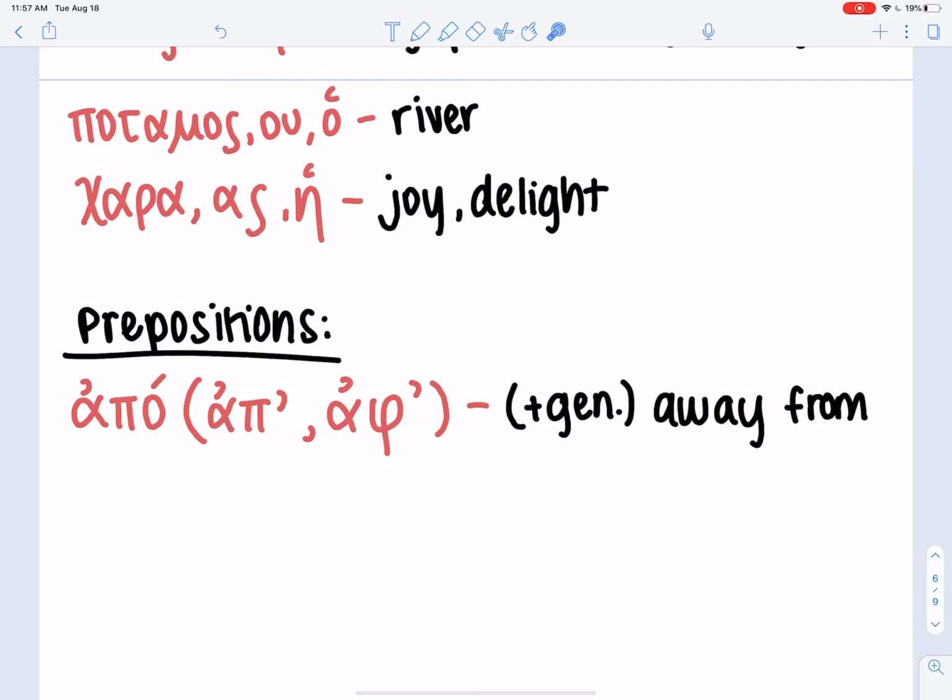So apo where the following word begins with a consonant, including a definite article, and then ap or aph when the following word begins with a vowel, ap when that vowel has smooth breathing, and aph when it has rough breathing.